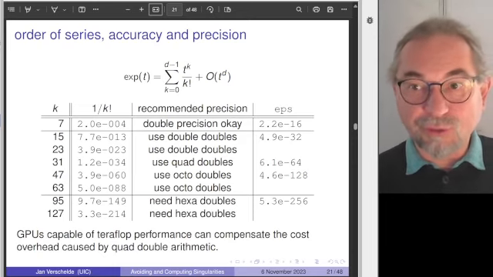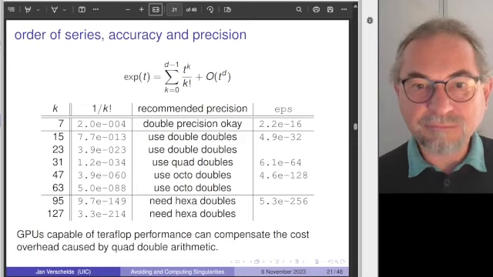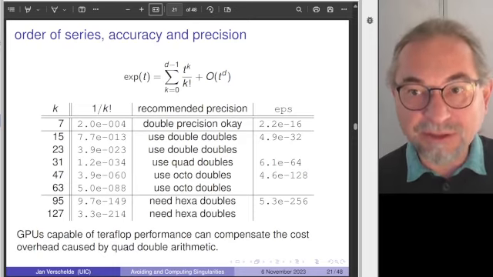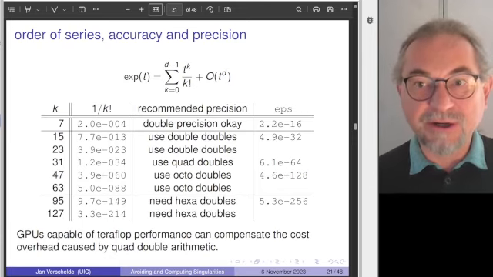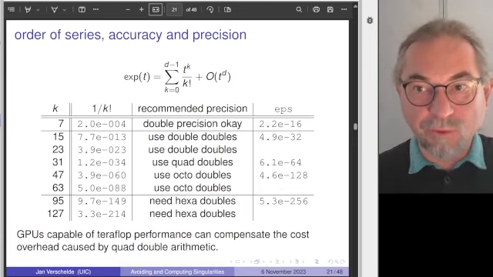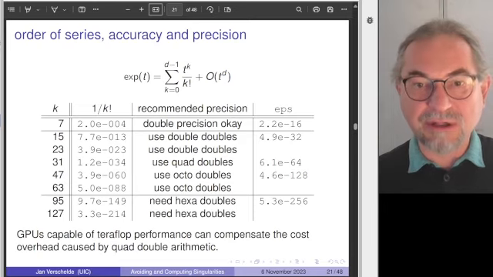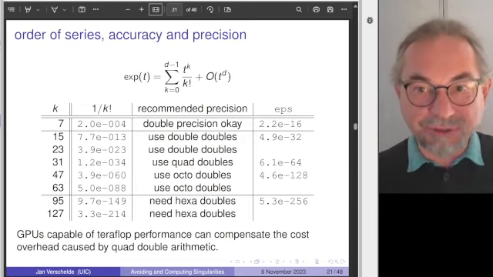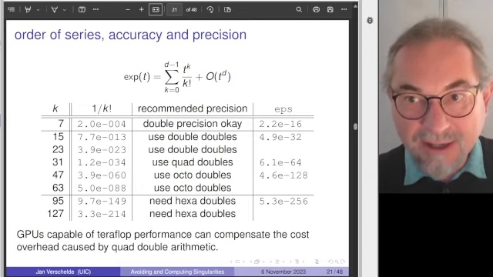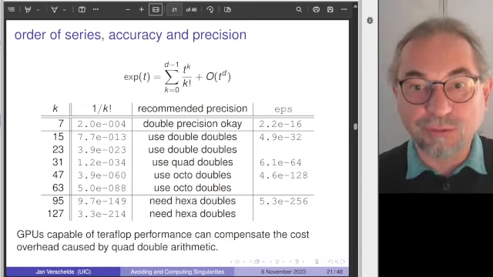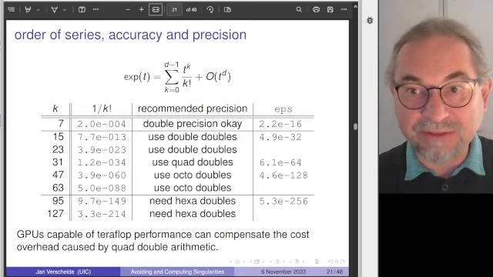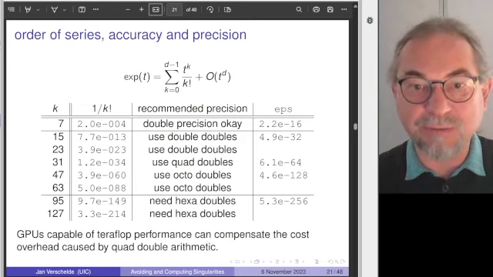Now there is a cost overhead. If you do quad-double arithmetic, and I will not say what it is, except that instead of working with one double, you have a sequence of 4 doubles, and with special arithmetic, your machine precision drops to 10 to the power minus 64. So you have about 64 instead of 16 decimal places.